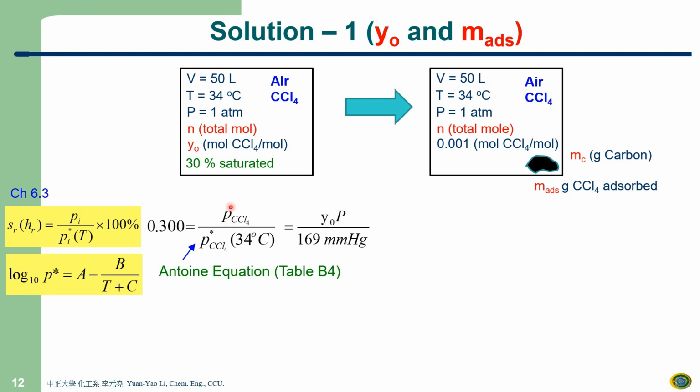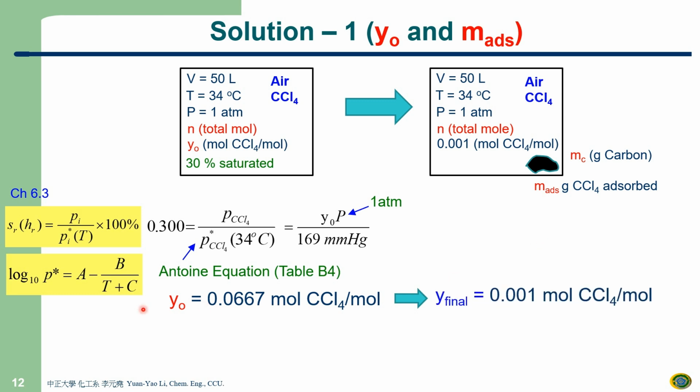Remember, this is what we call Dalton's law: PC equals Y0 times P. So you have the total pressure, and you can get Y0. So Y0 will be 0.0667. So from 0.0667 to 0.001, how much activated carbon is required?